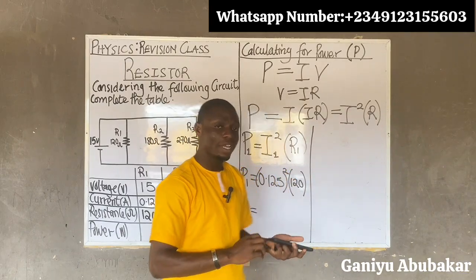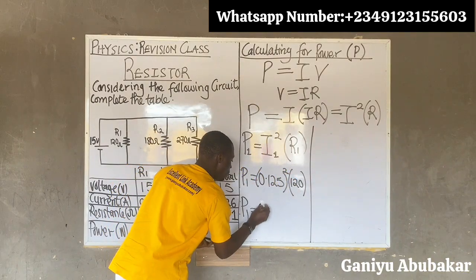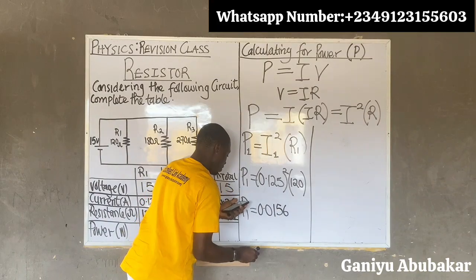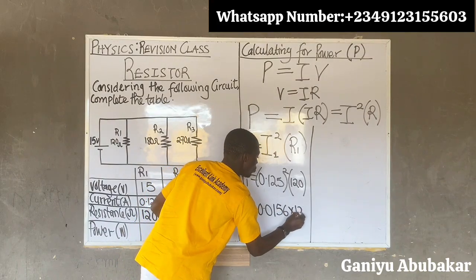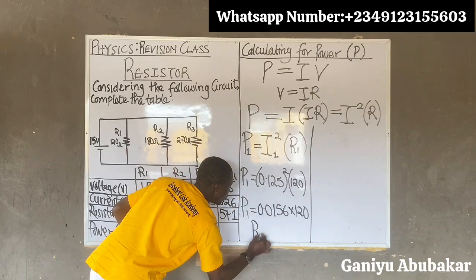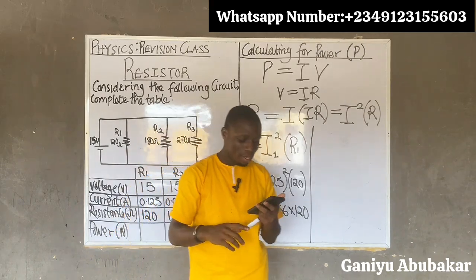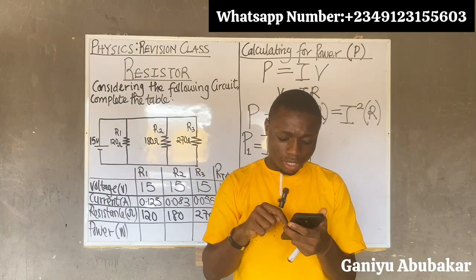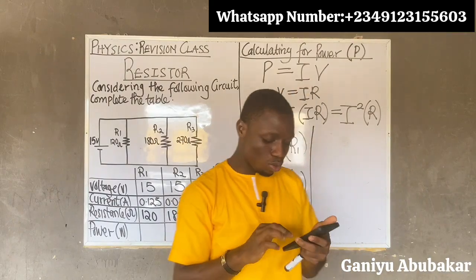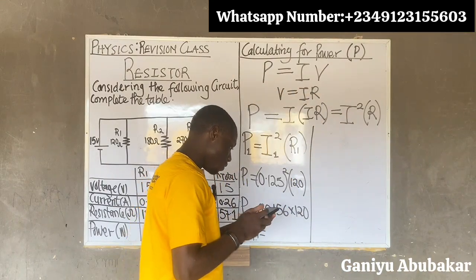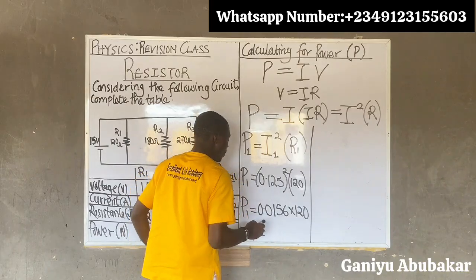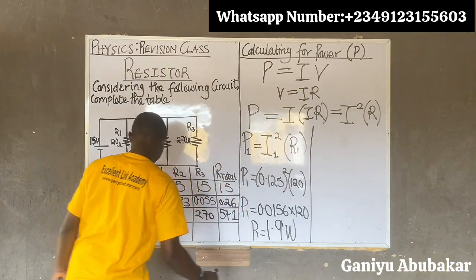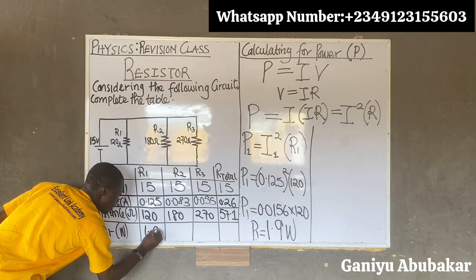This gives you about 0.0156, right, times 120. P1, the power given out at section 1, will be equal to that times 120, that's 1.9 watts. So P1 gives you 1.9 watts.